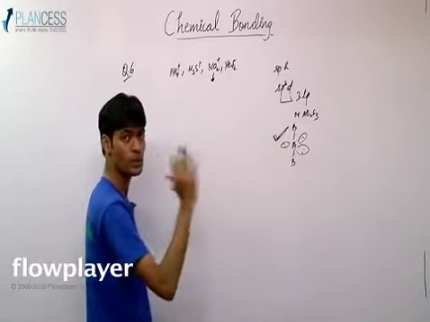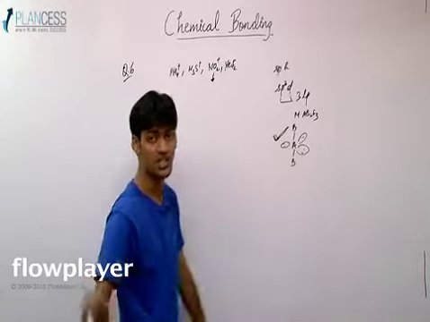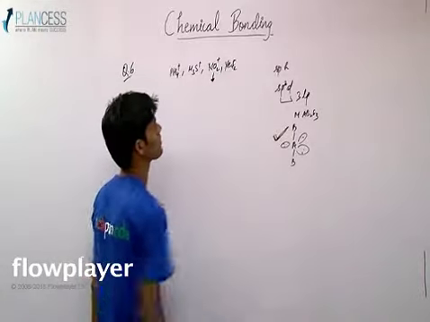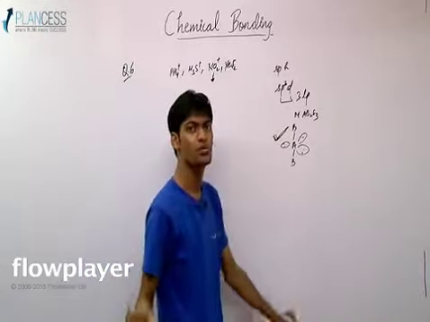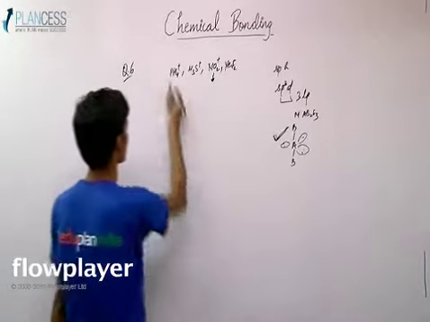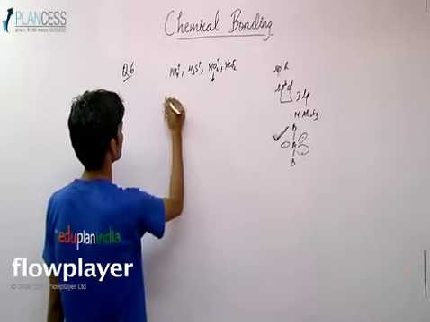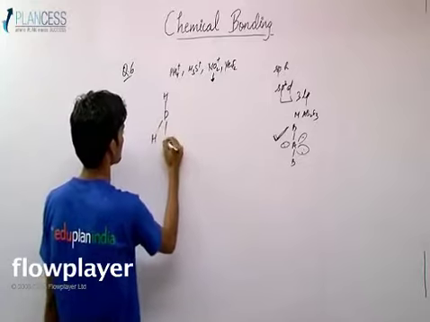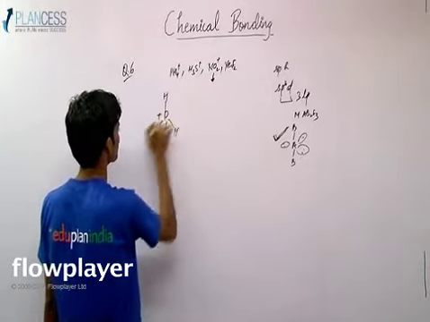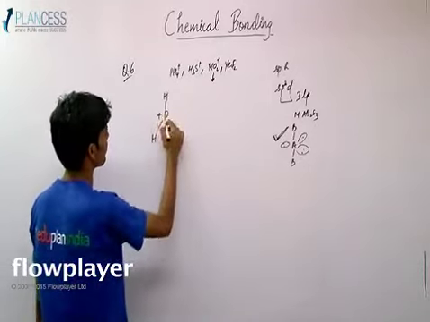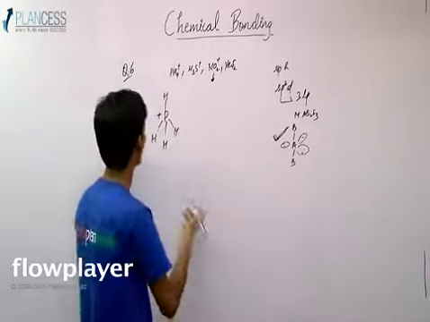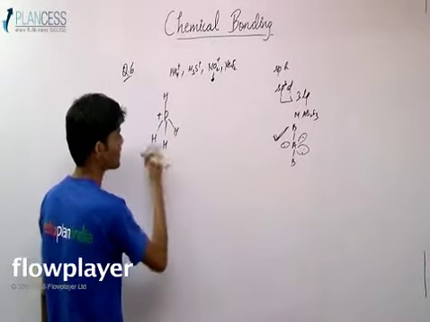This is the thing that most of the students miss. So this is a good point to keep in mind, that whenever it is asked linear, you just don't look at the hybridization only, you should look at the structure also. So when you will draw the structure of PH4 plus, it will be something like this: P, H, H, H, positive charge on phosphorus, so it will be 4 bond pair, no lone pair, sp3 hybridized, tetrahedral.